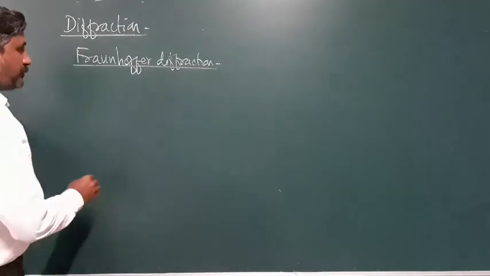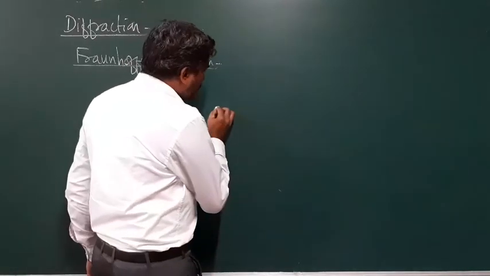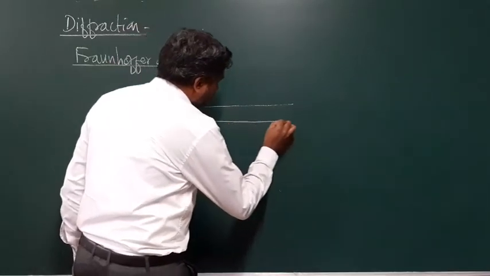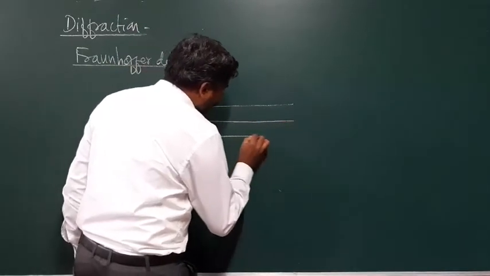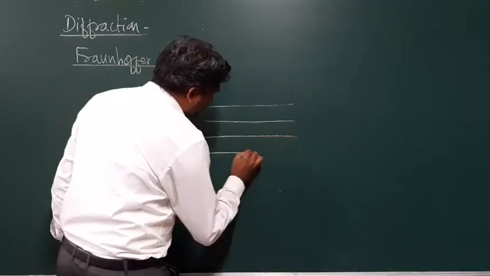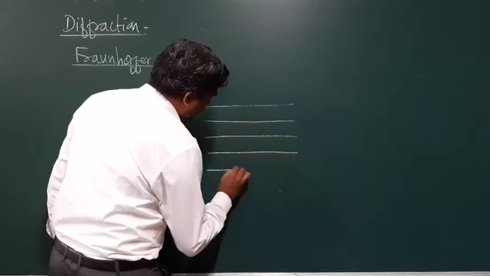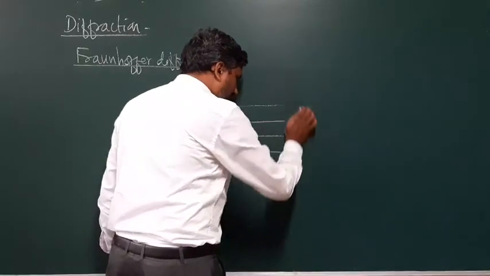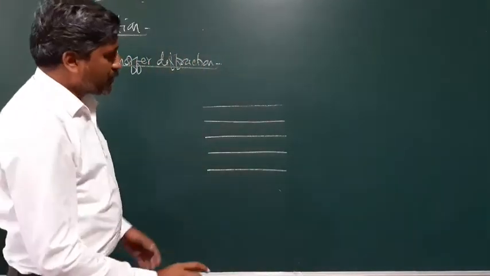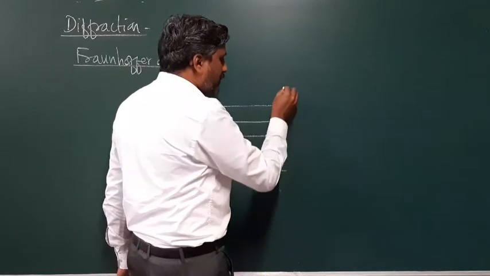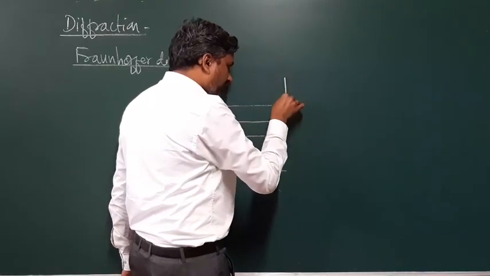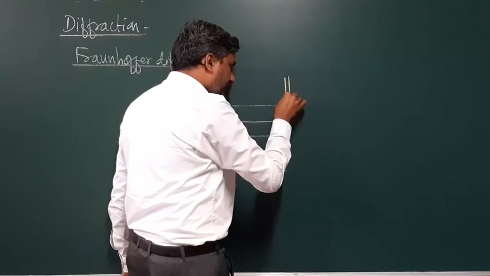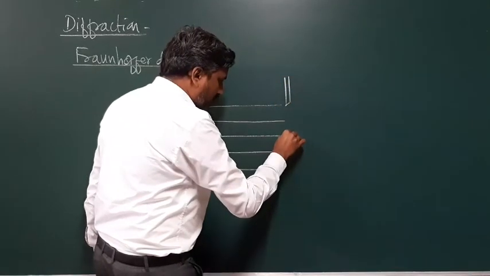Now, these are the plane light rays. This is a plane wavefront. The light rays are emitted from a source which is at infinite distance. Such light rays are incident on one edge of the obstacle. Obstacle means a disturbance. We are using one slit, and this slit is my obstacle.